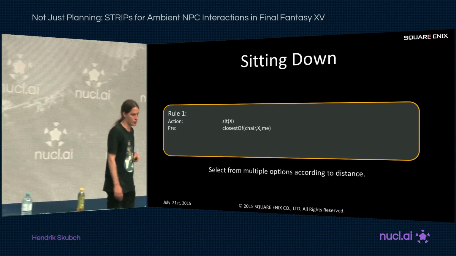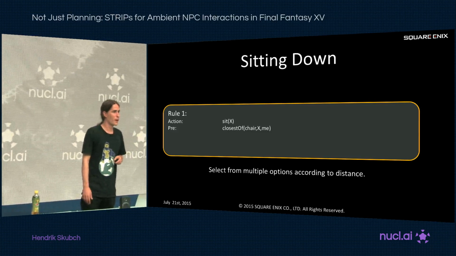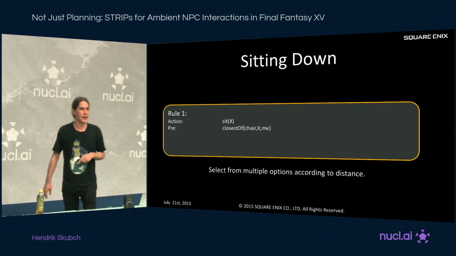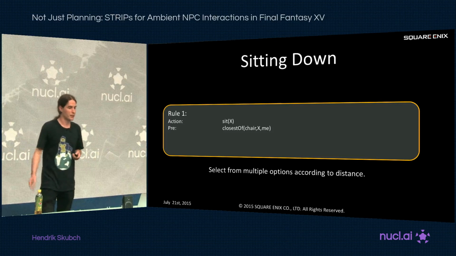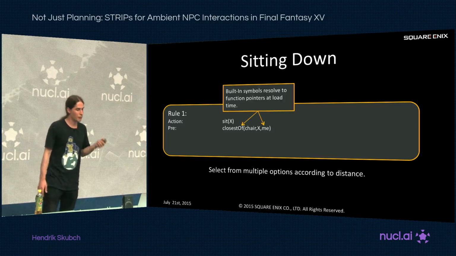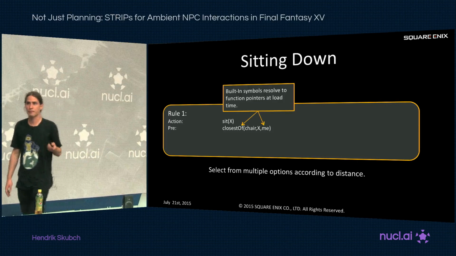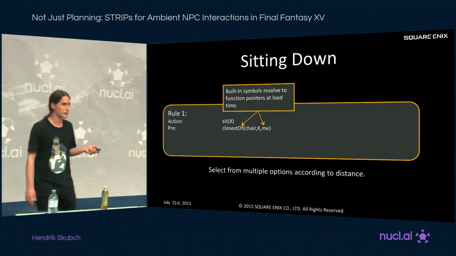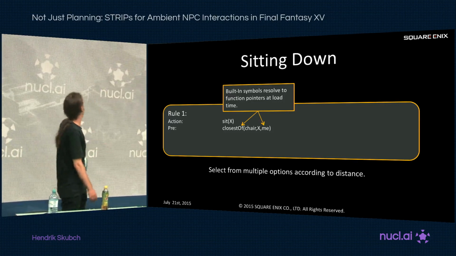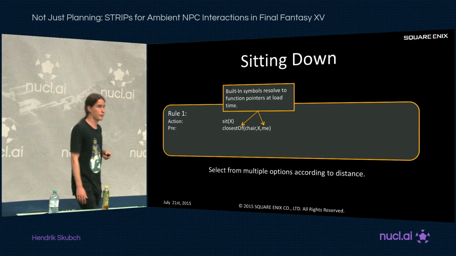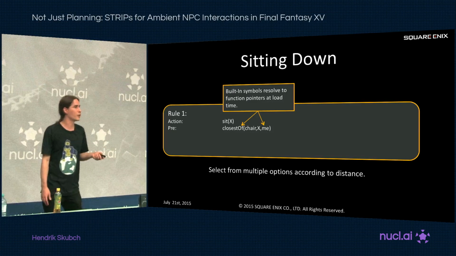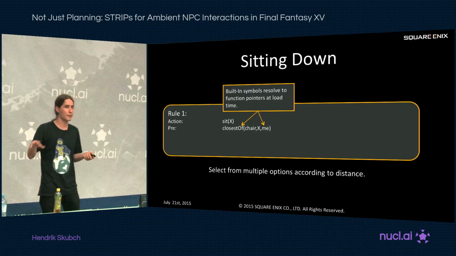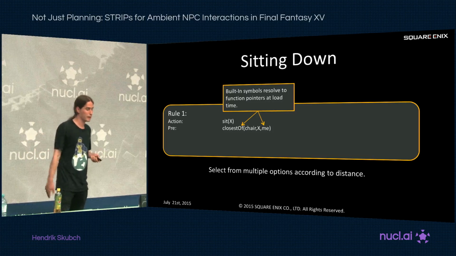They tend to choose the closest chair. So we write that down and say, okay, give me the closest chair with respect to myself. So we have two more built-in symbols here that basically resolve to function pointers. One will sort solutions for us according to a distance, and the other one refers to the currently evaluating NPC, me.